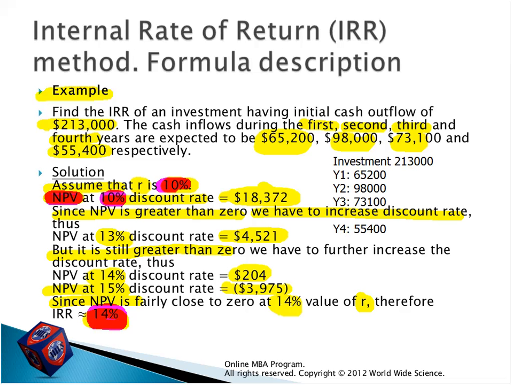Then we have to find the present value of each year. Like in the first year, you follow the formula: 65,200 divided by 1 plus 10 percent.